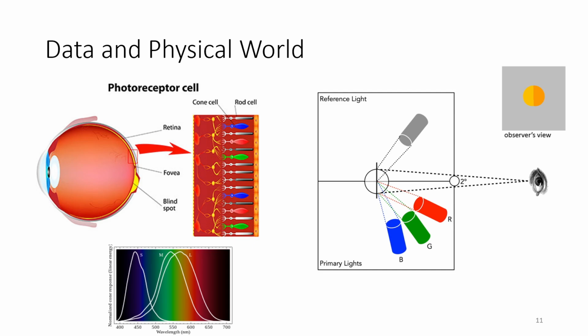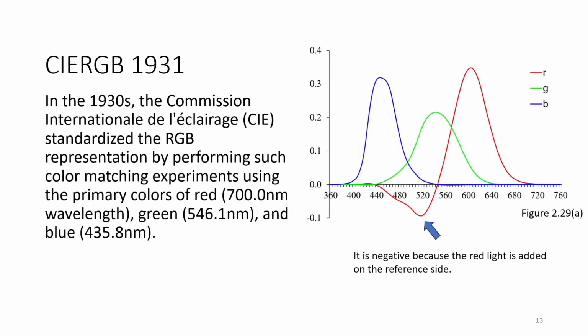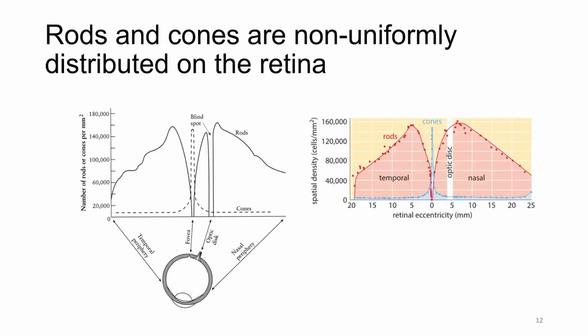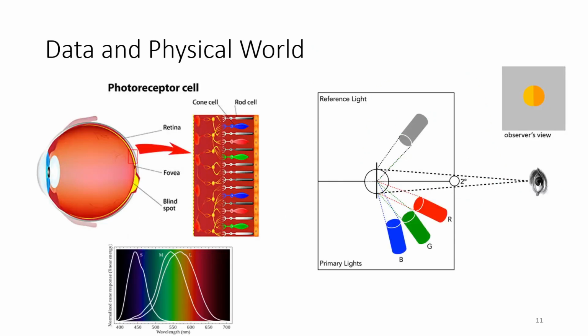They use 3 different pure wavelengths: 700 nanometers, 546 and 435. So this is red, this is green, and this is blue.